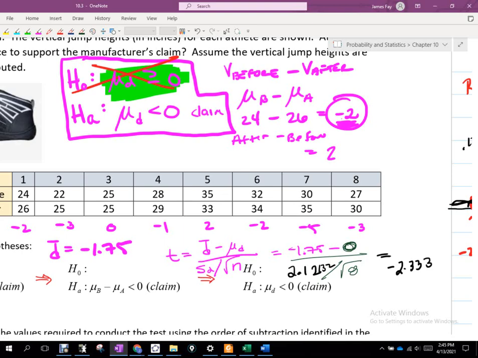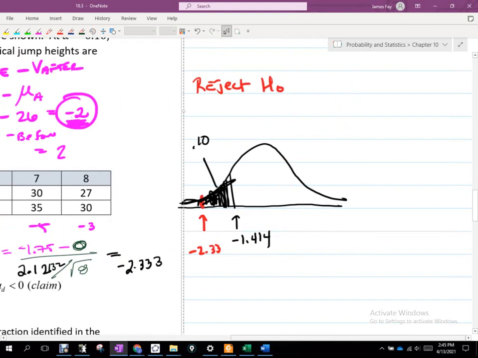Okay. Now, would you agree that's a lot of work? Okay. I think we could probably handle it. We could talk even further. Okay. What is the area right here called that is attached to that negative 2.33? That's the p-value. Okay. And that p-value is less than the black area, right?